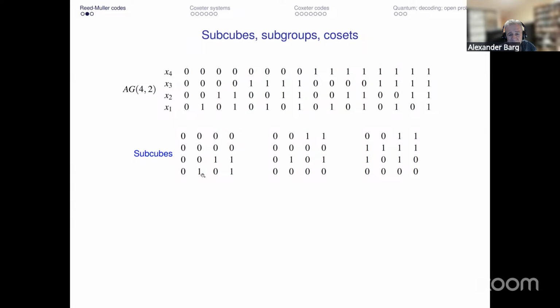And here are the subcubes. This is a standard subcube generated by two vectors in the standard basis. This is another subcube, again two vectors, and passing through the origin. This one does not pass through the origin, so this is a coset of something else. Well, this is exactly what I said: standard subcubes and simply subcubes.